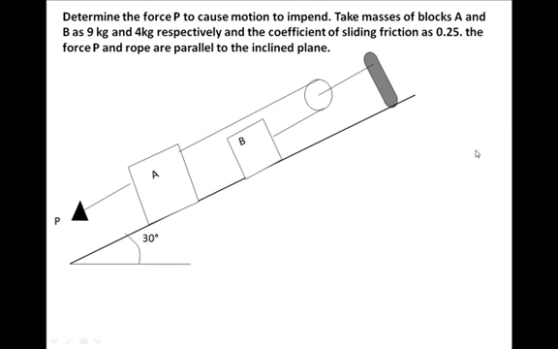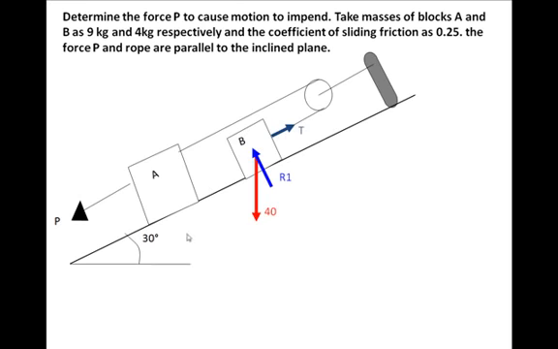Now, the steps are: first, draw the free bodies of all the bodies, and we'll take g as 10 so that our weights will come 90 and 40. Now, the free body of B has a weight, the reaction, and this tension.